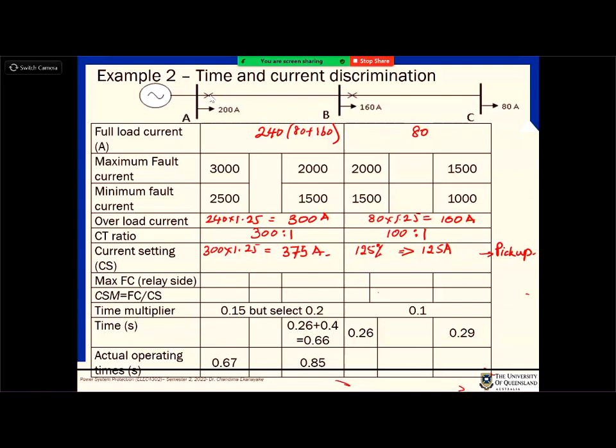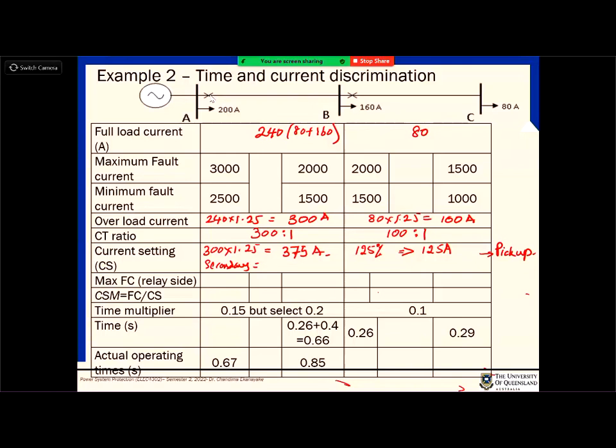Still, our calculations, we did them on which side? The primary circuit side. So you have to look at the corresponding parameters on the other side by dividing by 100, and the other one by dividing by 300. That is primary side to secondary side. This is 375 divided by 300.